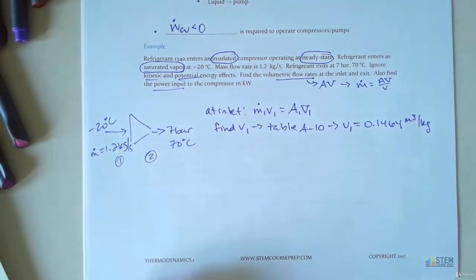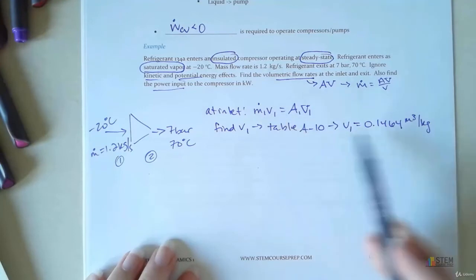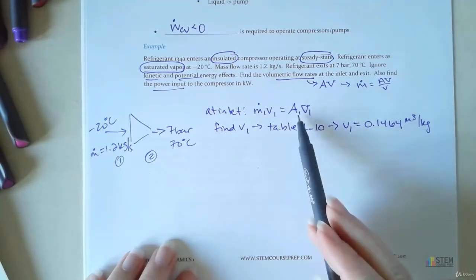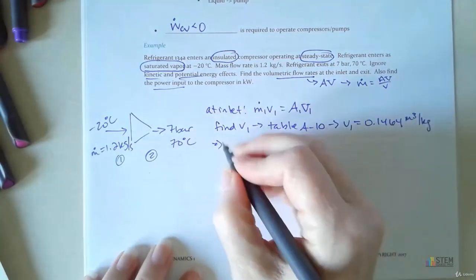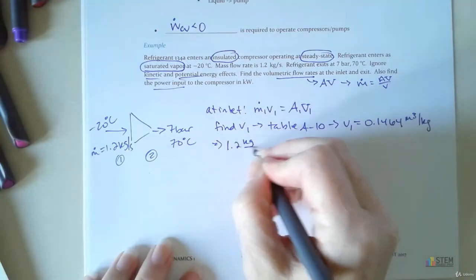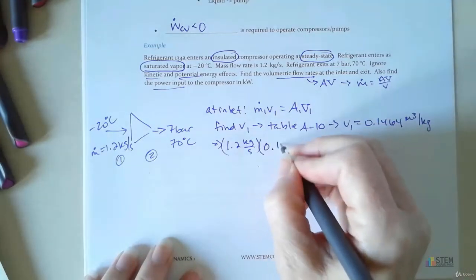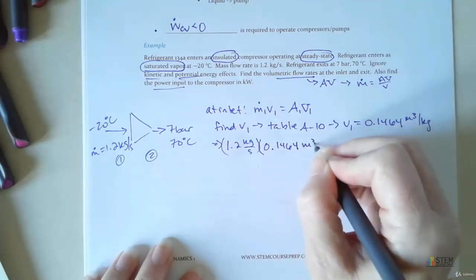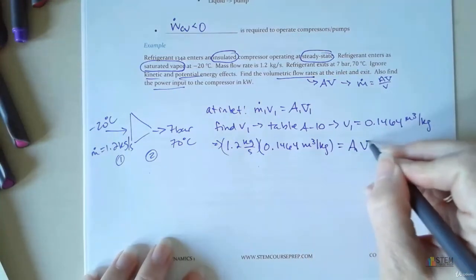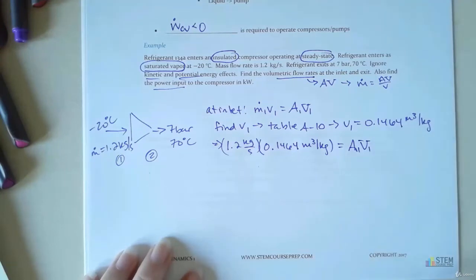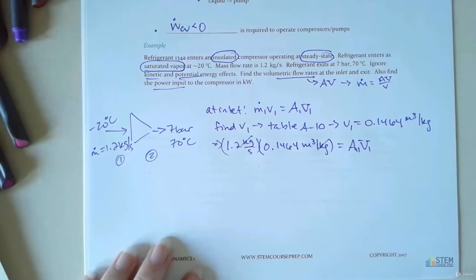Now we have that. We already have M1 dot, that was given. We have v1. We can plug that into this equation and solve for volumetric flow rate. So 1.2 kilograms per second times v1, 0.1464 cubic meters per kilogram, is going to equal A1 V1. Notice your units will end up being cubic meters per second.